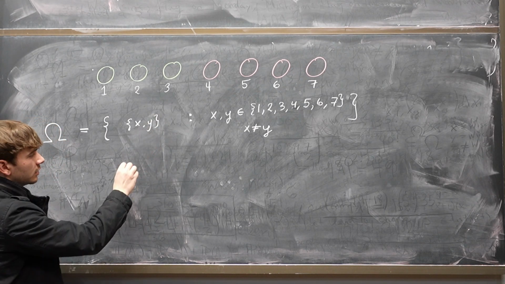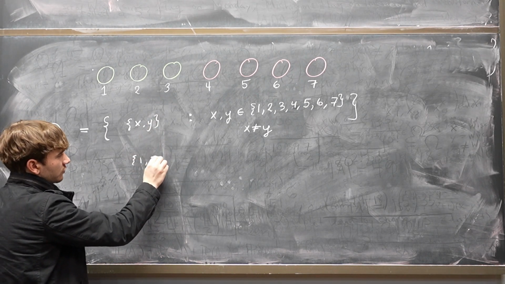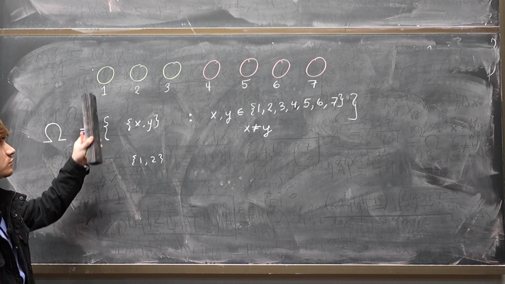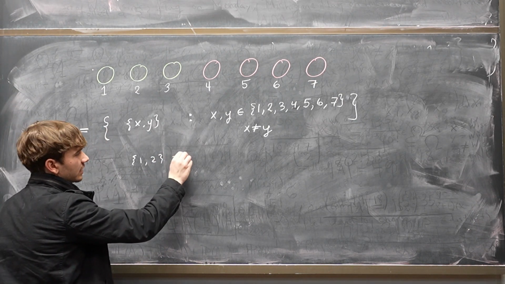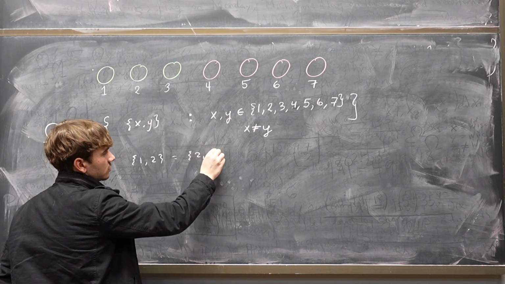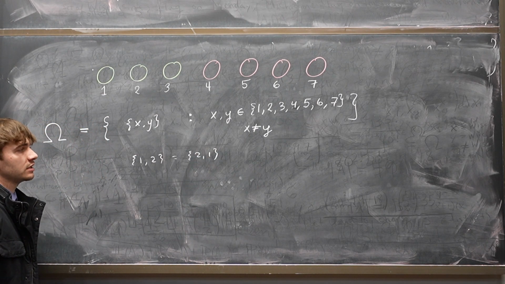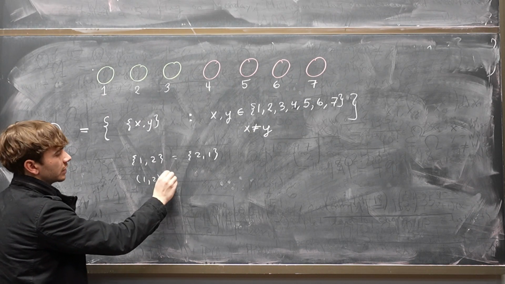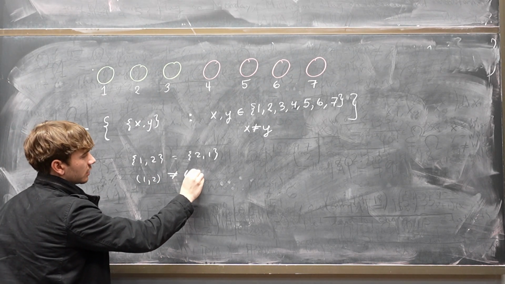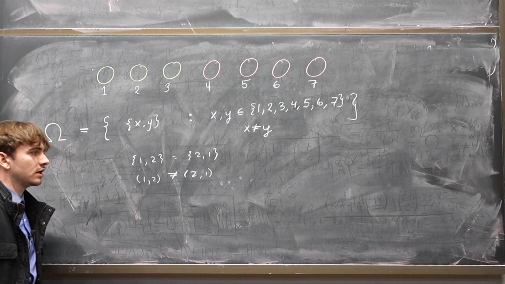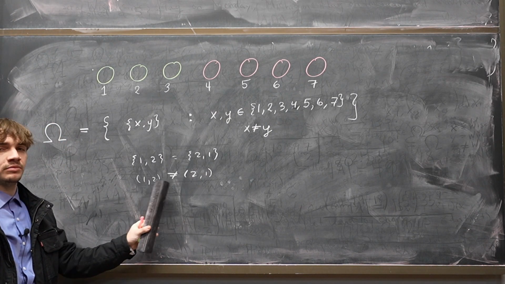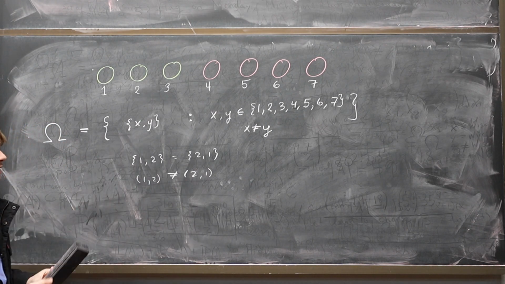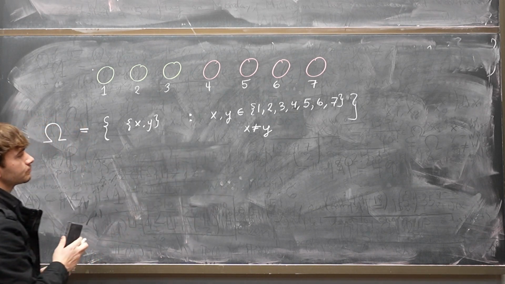In particular, if I had chosen the balls 1, 2, this is the same thing as if I had chosen the balls 2, 1. Whereas in previous problems, our convention was with order, and with order, these are different outcomes. Okay, so this is without order.